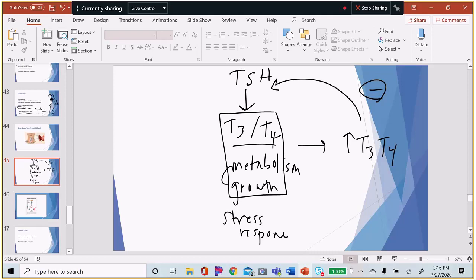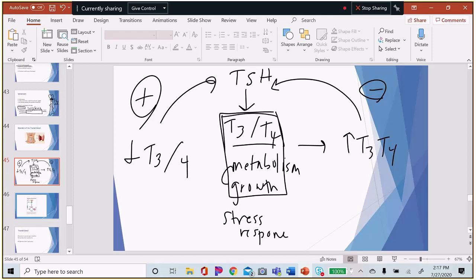My thyroid has made enough. If the thyroid level is getting too low, then that would be a stimulus to the pituitary gland to release more thyroid stimulating hormone so that I can keep the level in the normal range.